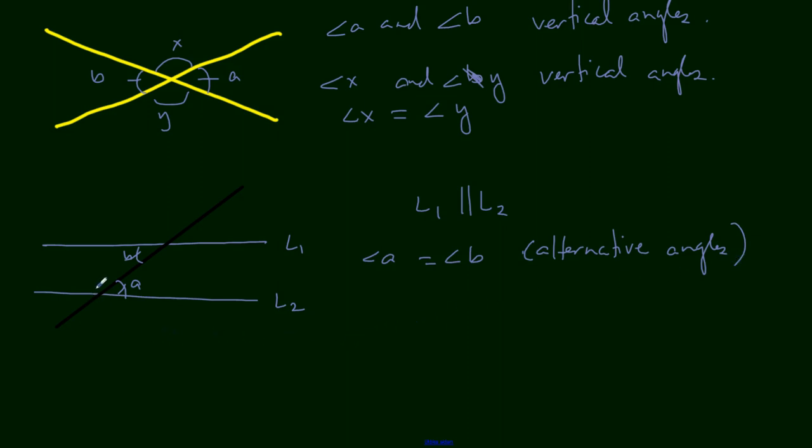That means if I put X here and Y there, angle X is equal to angle Y. They are also called alternate angles. And angle A and angle X are called supplementary.